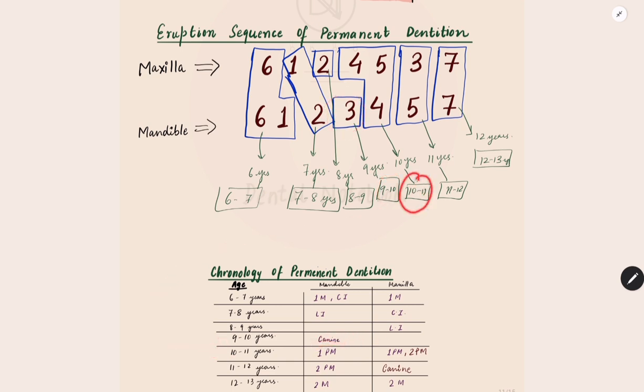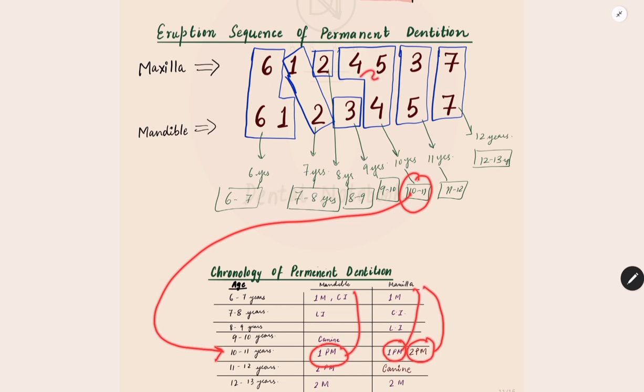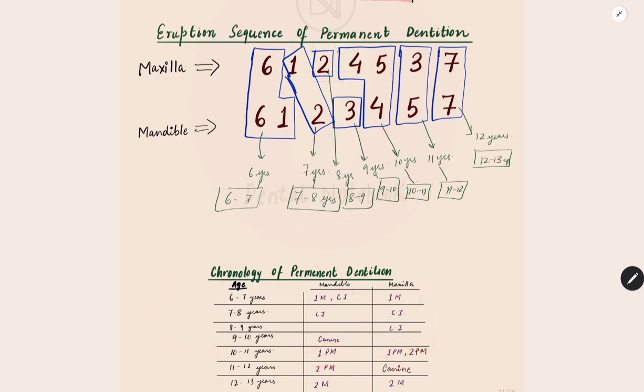From 10 to 11 years of age, the first premolar of the mandible and the first premolar of the maxilla along with the second premolar of the maxilla develop. From 11 to 12 years of age, the second premolar of the mandible and the canine of the maxilla develop.